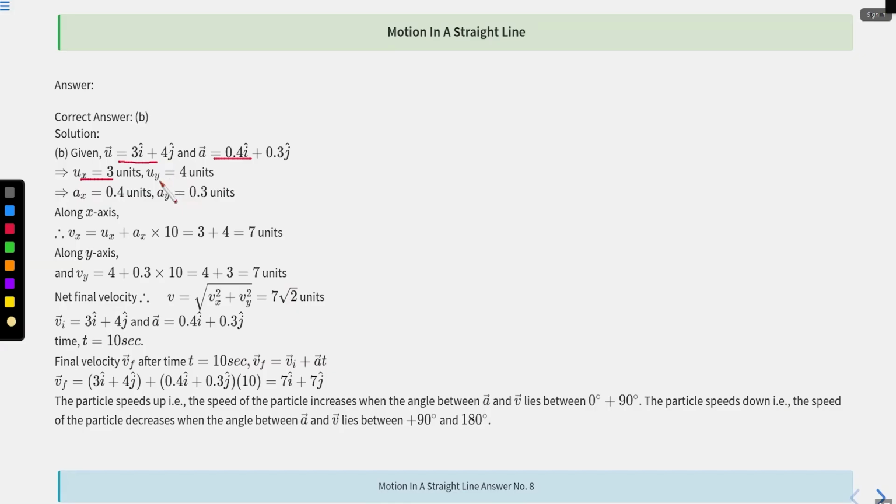So ux is nothing but 3 units. Uy is nothing but 4 units. Correct? Acceleration and unit is given. So along x-axis, vx is equal to ux plus ax into time, 10 seconds. And along y direction, vy will be equal to uy plus ay into 10. This is the components in x direction and y direction.